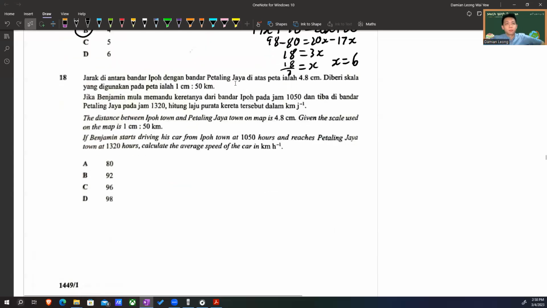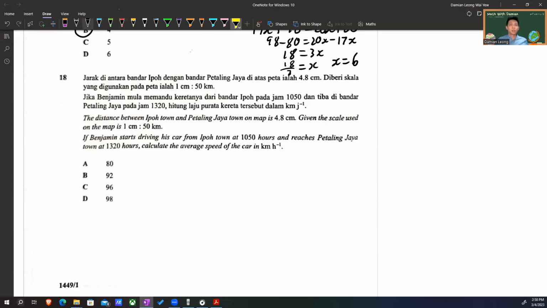Question 18. The distance between Ipoh and PJ on the map is 4.8 cm. The scale used is 1 cm to 50 km. If Benjamin starts driving his car from Ipoh town at 1050 hours and reaches PJ at 1320 hours, calculate the average speed of the car.